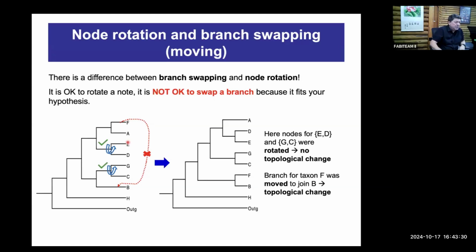So not the phylogenetic relationship, not the topology in terms of the relationships. So that you can do. You can do this anywhere you like, on any node. You're not changing the phylogeny. You are just changing the balance of your tree. So here I have, what did I do here? A, B, and E.